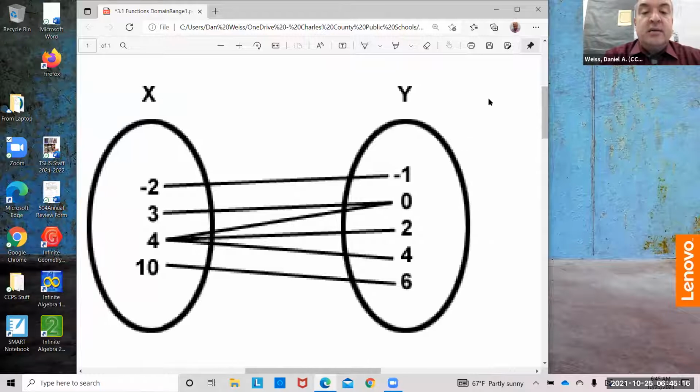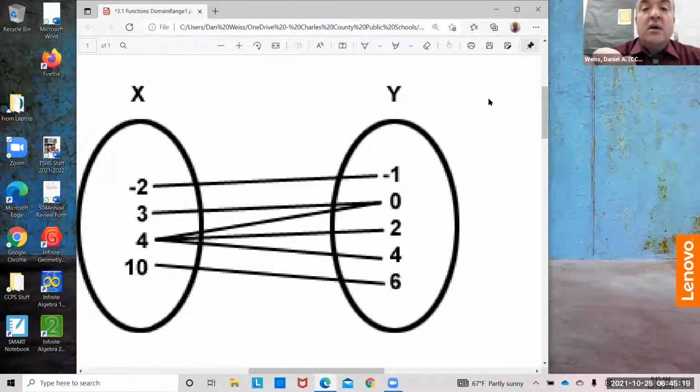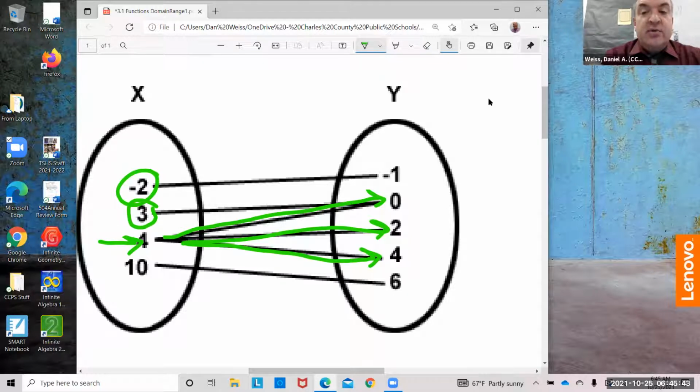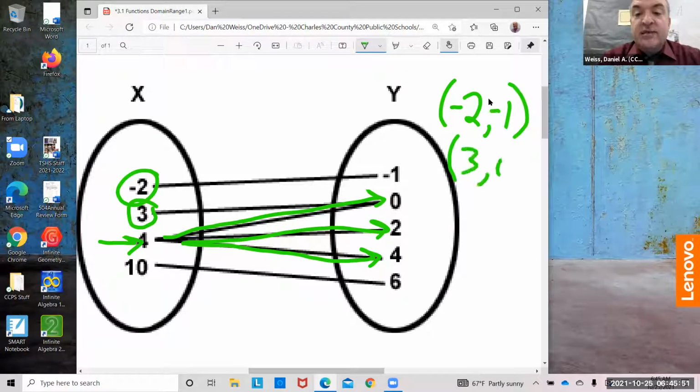Now here, do you see how, if x is -2, y is -1. If x is 3, y is 0. But look right here. If x is 4, y is not only 0, it's also 2 and it's also 4. So in other words, you have -2, -1. You have 3, 0.